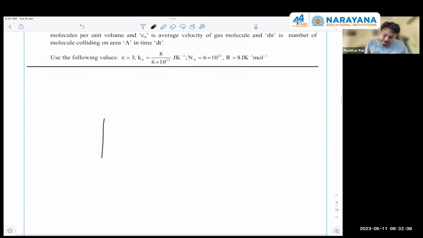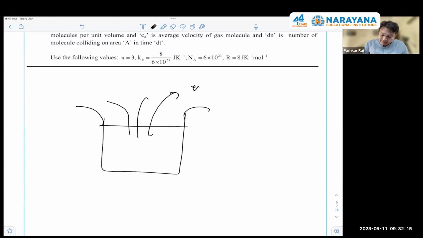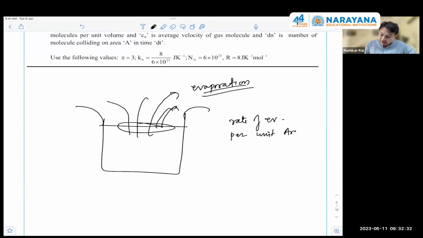You see, if I take a container and leave this container open, the water will quickly rush out. This is called evaporation. So when water starts rushing out from a unit area, do you agree that the rate of evaporation per unit area per unit time will be constant?